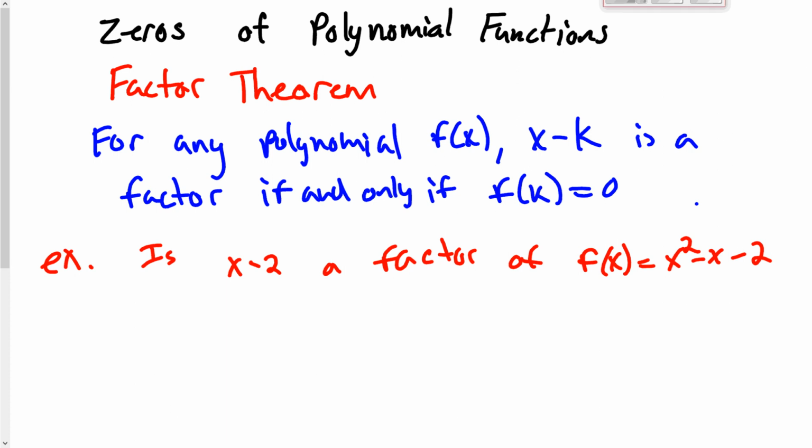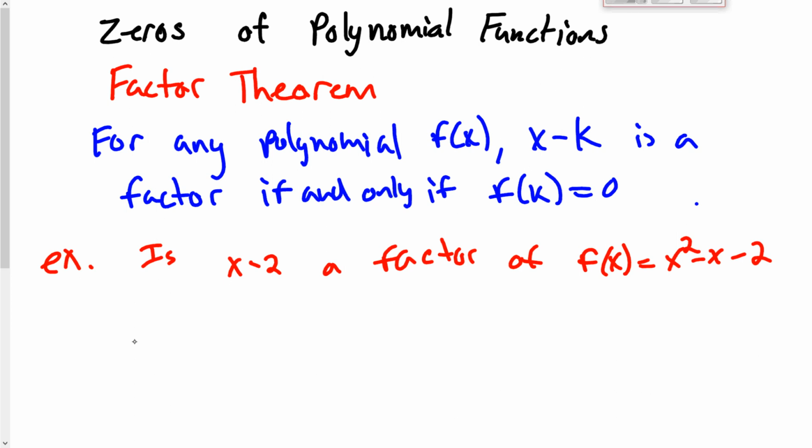So here are a couple examples. Is x minus 2 a factor of the polynomial x squared minus x minus 2? Basically, that's asking if there is something I can multiply by this binomial to get this polynomial, with no remainder. 4 and 3 are factors of 12 because 4 times 3 equals 12, with no remainder. 5 and 2 would not be factors of 12 because 5 times 2 is 10, and I would have a remainder of 2.